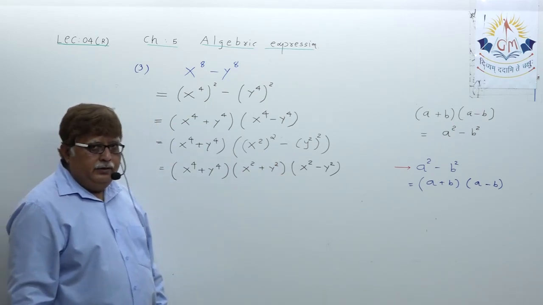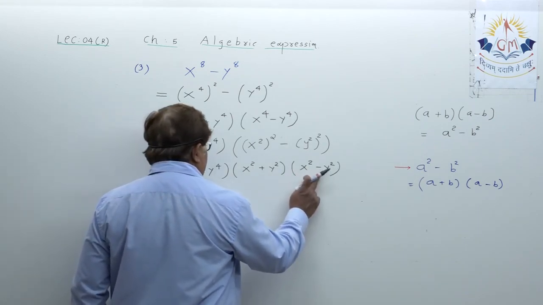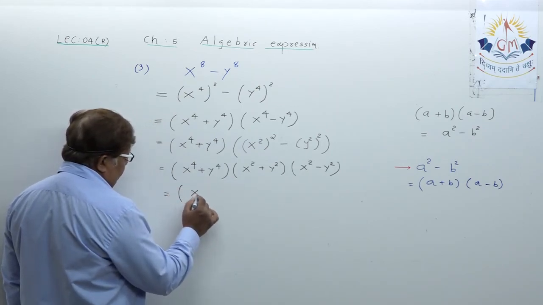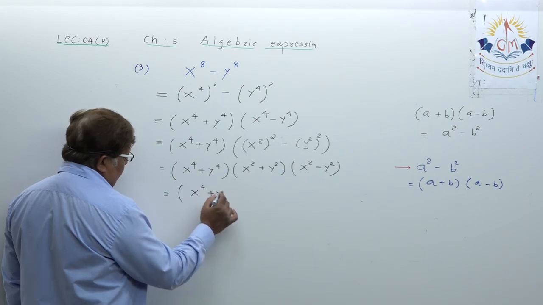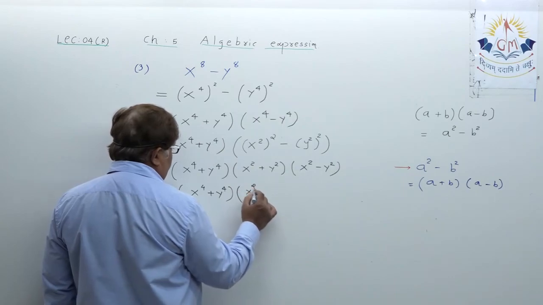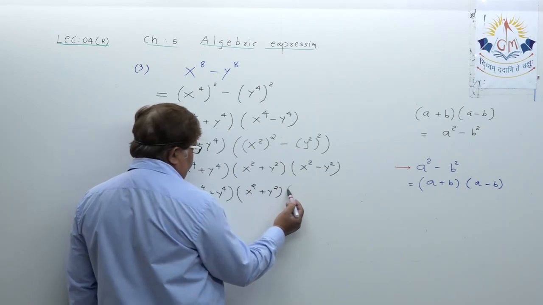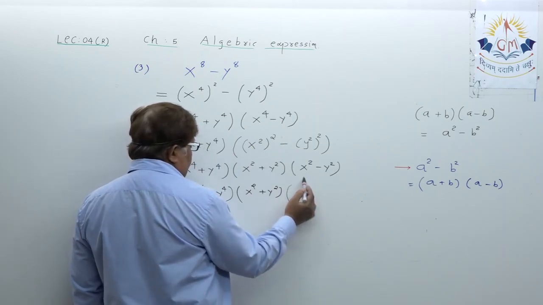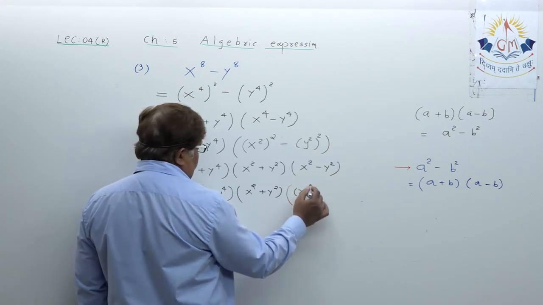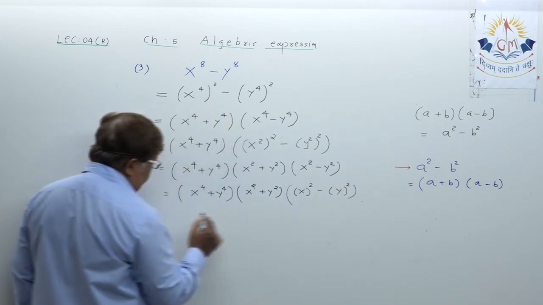So the identity is applicable here. That means the first bracket as it is, second bracket as it is, and here take out the square root. What is the square root of this? x whole square minus y whole square.